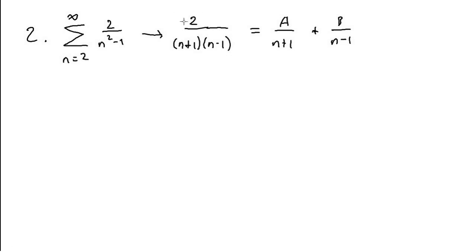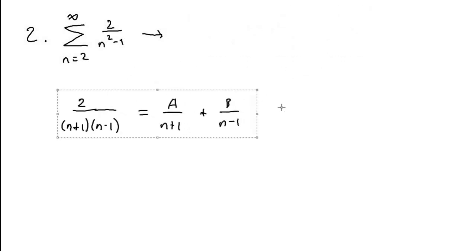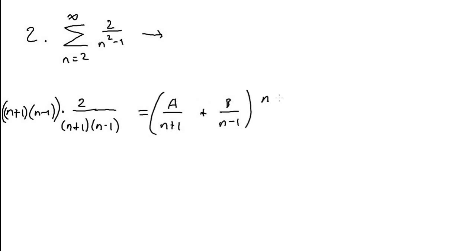Now I'm going to multiply both sides by these two factors, n plus 1 times n minus 1. Notice how they will cancel on the left side.